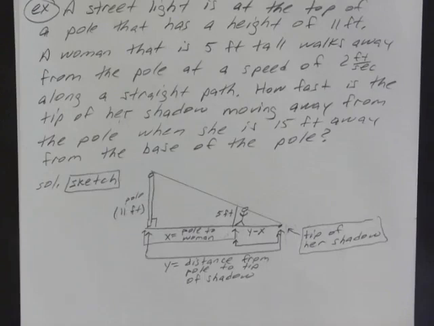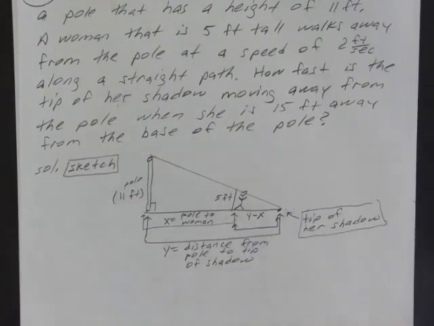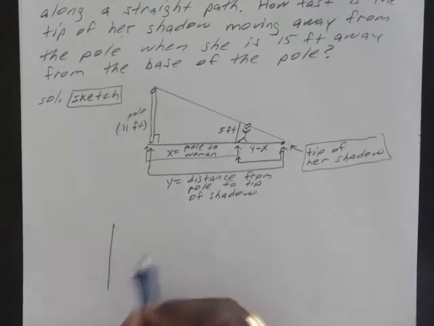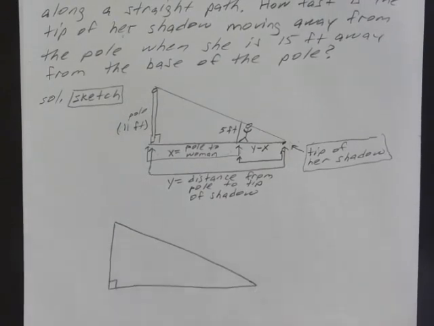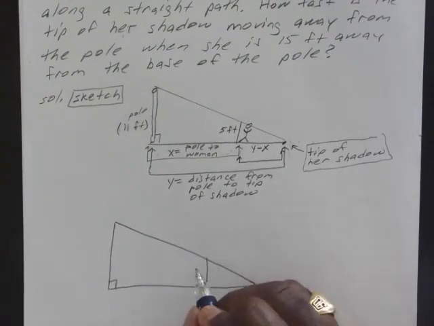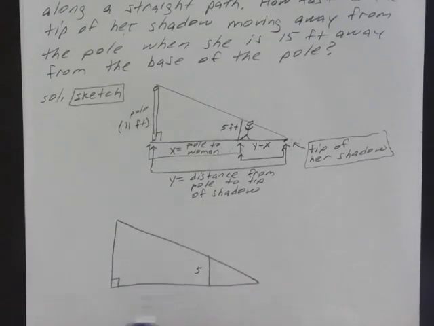So if we redraw this without all the people and everything else, what we have is a right triangle with a vertical 5-foot line. We know that this line has a distance of x. This has a distance of y minus x.